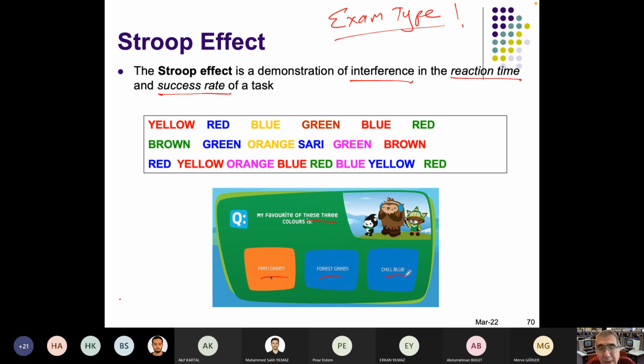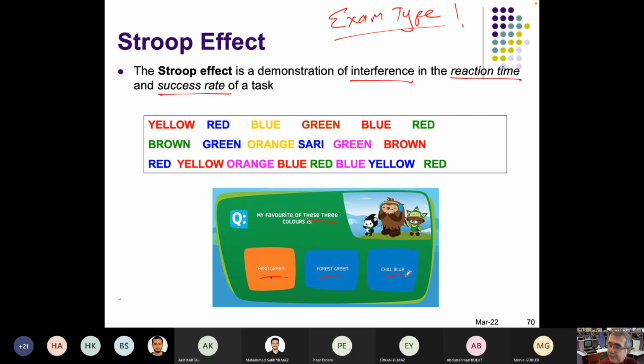So you should not cause this. Obviously, this is exaggerated, but a slight Stroop effect can happen anytime. So you should be careful in making those.